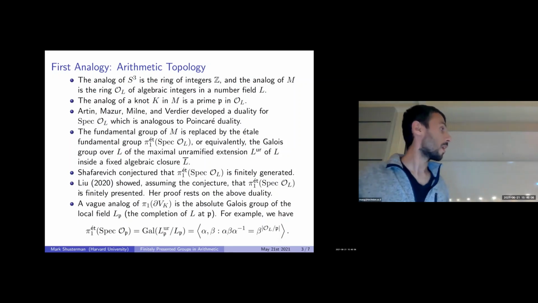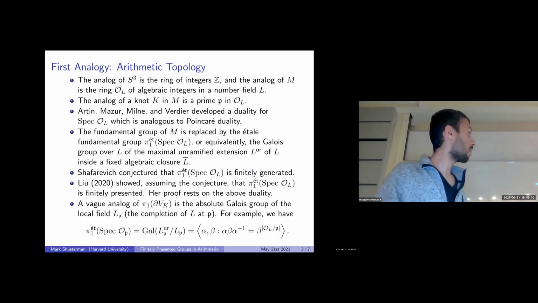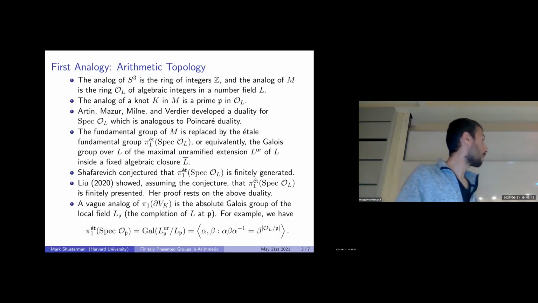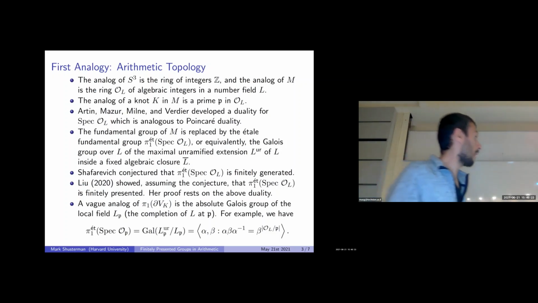So you can take the completion of your number field L at this prime, and then take the absolute Galois group, but it's quite a big group. But you can look at something much smaller, which is just the maximal unramified extension.